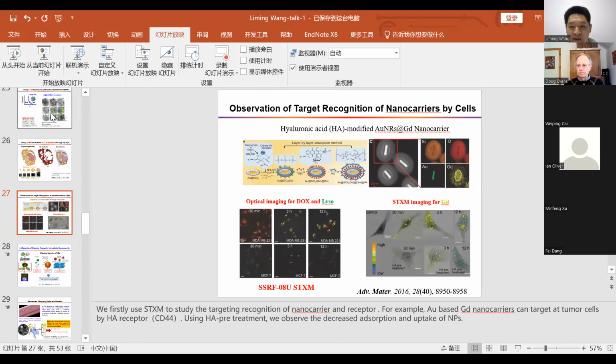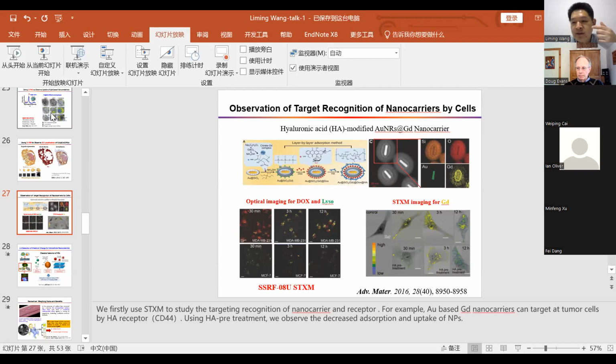Actually, the signal pathway is too complex. But I think it works for some signal pathways. For example, some nanoparticles may be uptaken by macrophages through cell receptors.